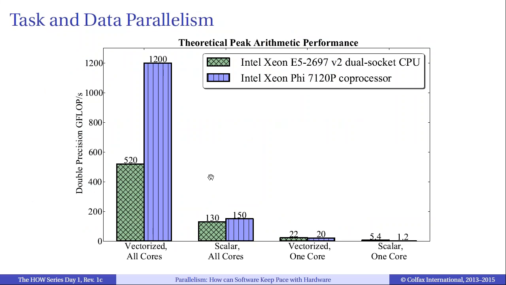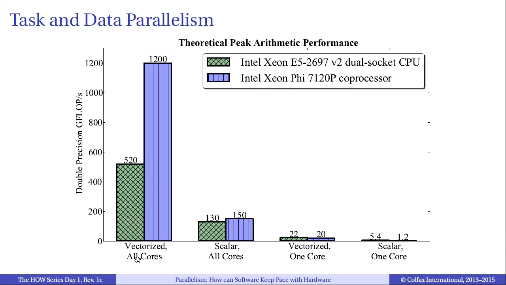Now is a performance chart. This is a cartoon. This is not a measurement. It is showing the theoretical peak performance in units of gigaflops per second, billions of floating point operations per second, on two platforms. Green is a dual socket high-end Intel Xeon processor, and blue is a high-end first generation Intel Xeon Phi coprocessor.